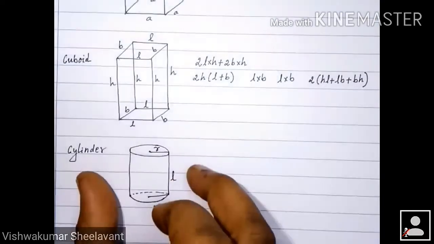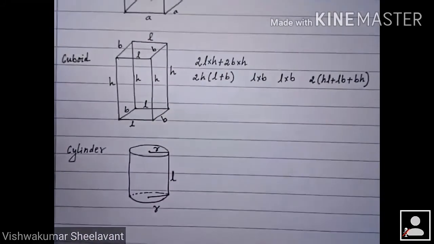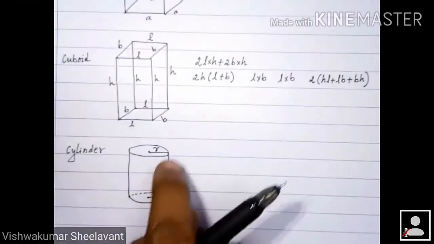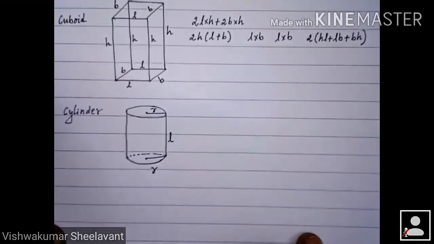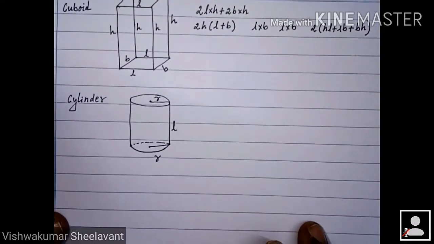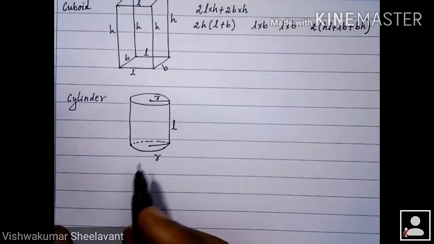Now we will have here CSA, not LSA, because cylinder will be having curved surface area, not flat surface area. How do you calculate the CSA of cylinder? You have studied the net of cylinder.